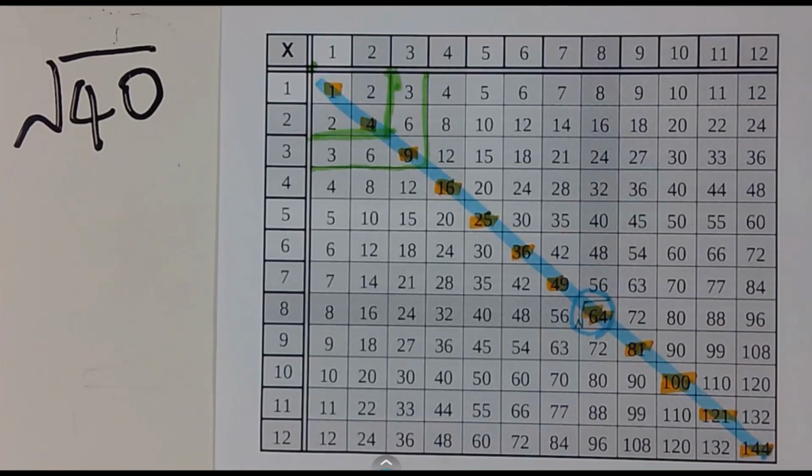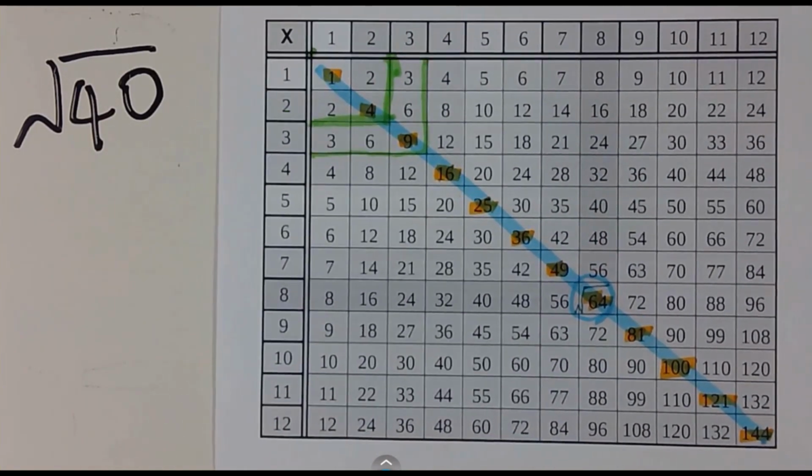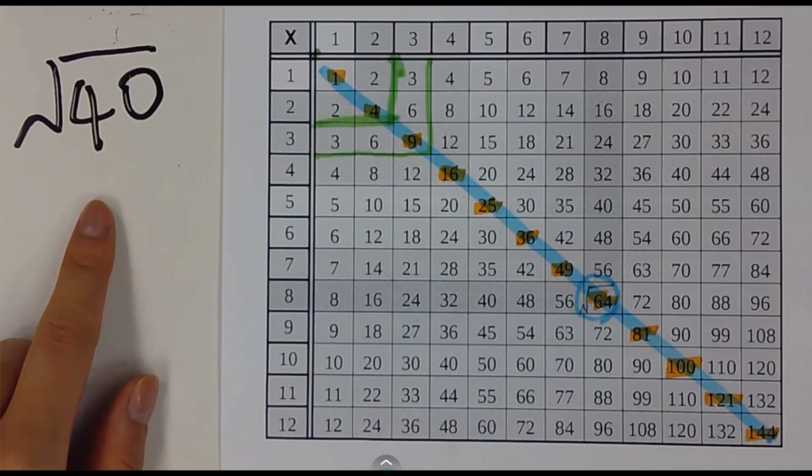Now, drawing a number line to estimate the square root of a non-perfect square can be a little time consuming. So here's a different method using a times table. Let's say the question asks you, what is the square root of 40?